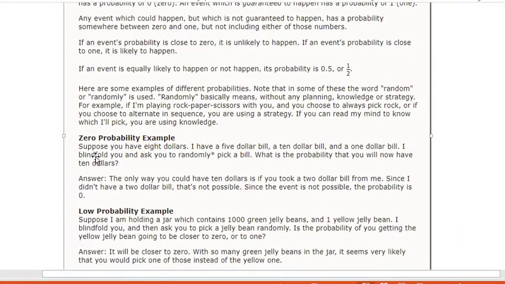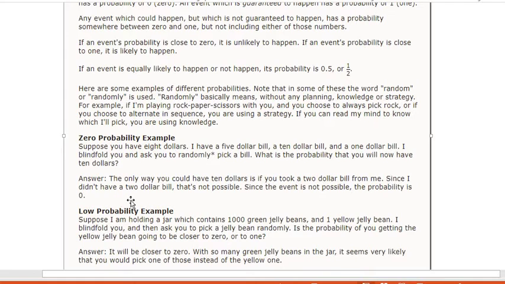Suppose you have $8. I have a $5 bill, a $10 bill, and a $1 bill. I blindfold you and ask you to randomly pick a bill. What is the probability that you will now have $10?